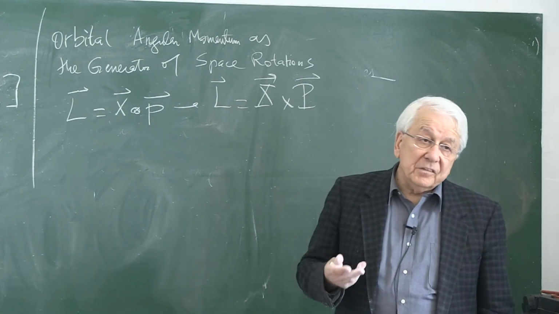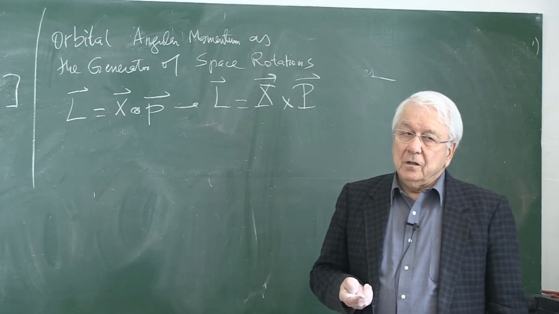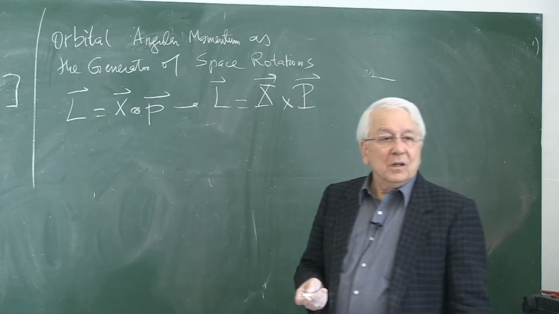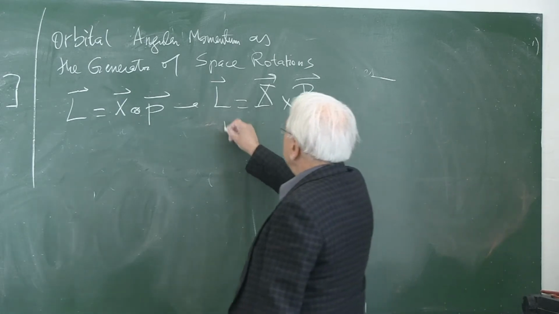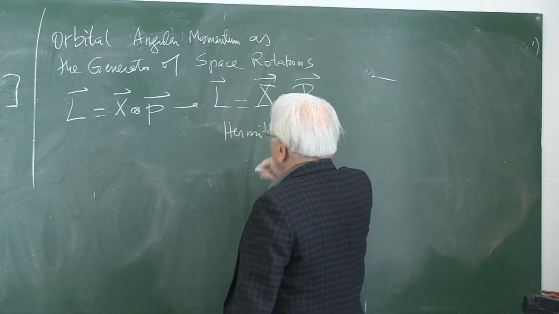Well, there's a trivial statement first. We have to demonstrate that it's Hermitian. You may say, of course, you have seen it in your freshman physics. I'm joking, of course. Let's show that it is Hermitian rather quickly. How do we do that?